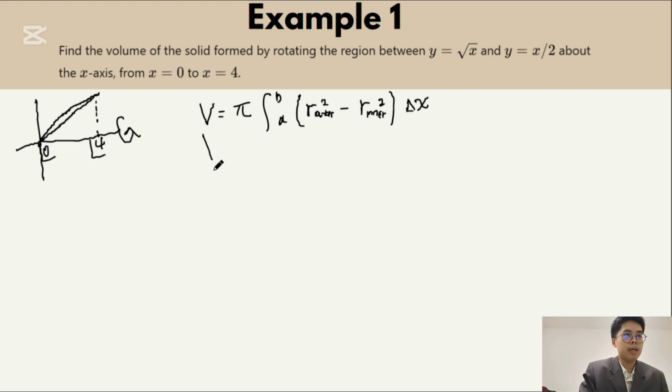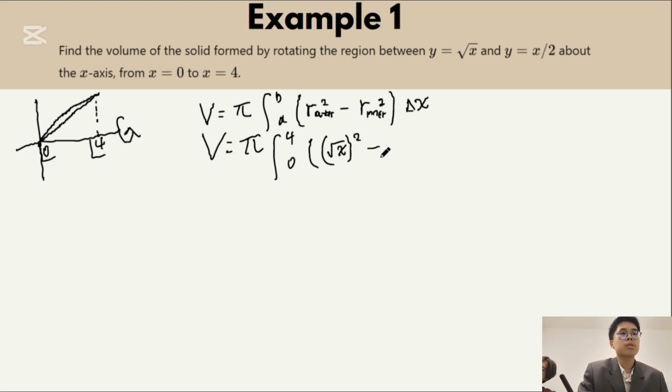So we can write 4, then 0, and the outer radius is square root of x, squared, and the inner will be x over 2, squared, dx.